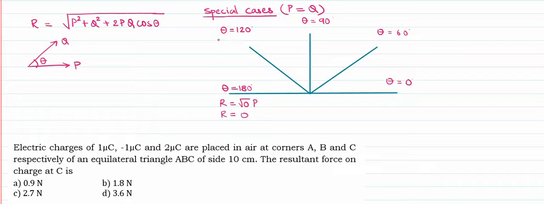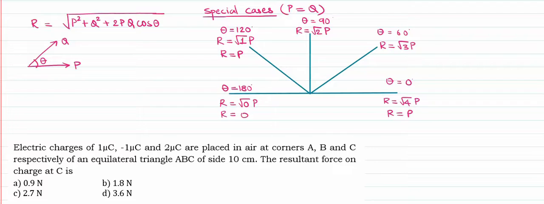If theta is 120, the resultant will be root 1 into P, or R is equal to P. If theta is 90, R will be equal to root 2 P. If theta is equal to 60, R will be root 3 P. And if it is 0, root 4 P.